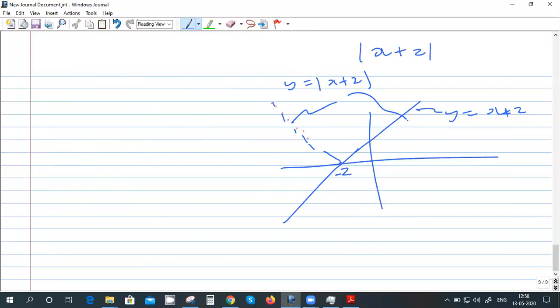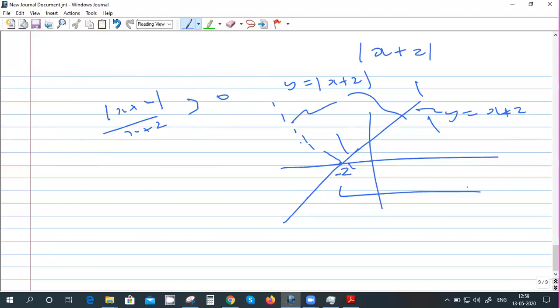Mod x plus 2 divided by x plus 2 will be positive for only this portion, because here one is positive, one is negative. Mod x plus 2 divided by x plus 2 will be positive only for this part, because here both are coinciding. In this part, one is positive, one is negative. We say greater than 0, so it restricts the range of values from here to here, minus 2 to infinity.